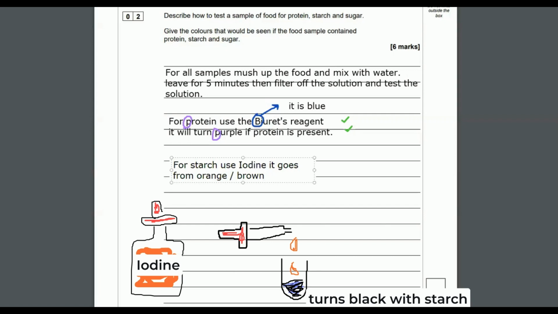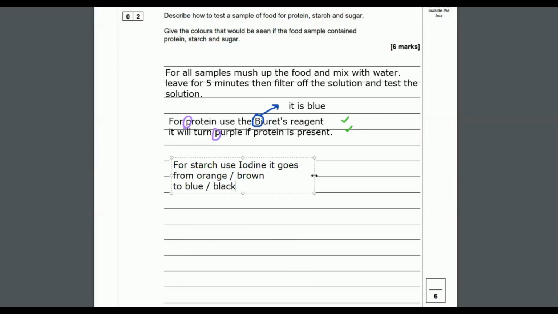So it goes from orange or brown to blue slash black. So it goes dark when it mixes with starch. I haven't got anything funky for that, but funnily enough, students tend to remember that one. I think they've been doing it since year 7 and using it a lot. They don't have an issue with this. So you get 2 marks for saying use iodine, orange or brown to blue-black.